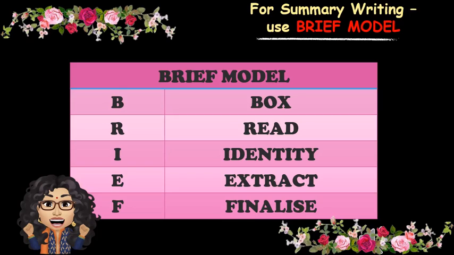Read the content. I is identify. Identifying the content points. E is to extract the content points correctly. And F, finalizing, which means you start to write your summary content using the linkers within 130 words.